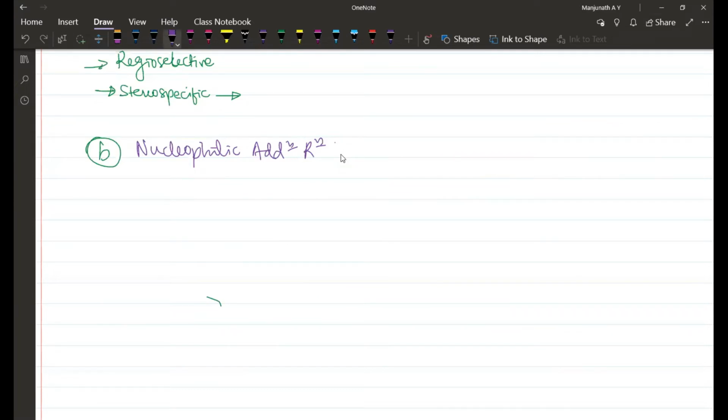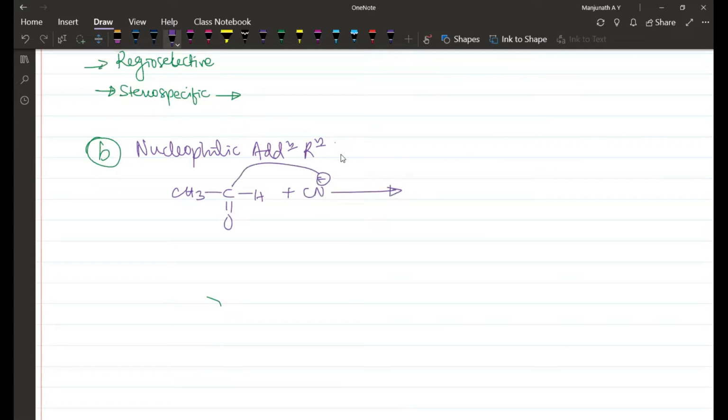Actually there is a difference here. Suppose I give you an example of addition of a nucleophile, say CH3, C double bond O. This type of reaction you discuss abundantly in second year actually.